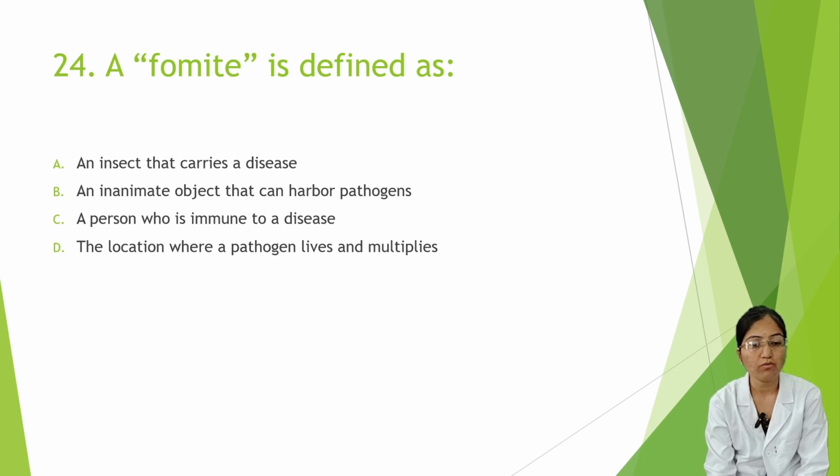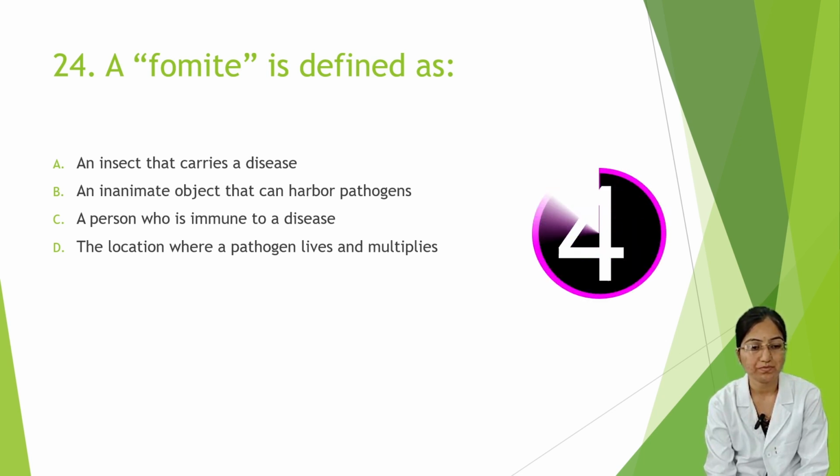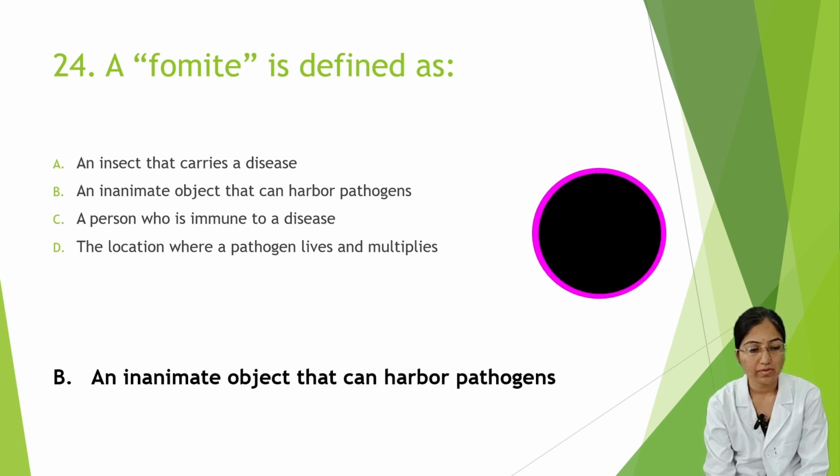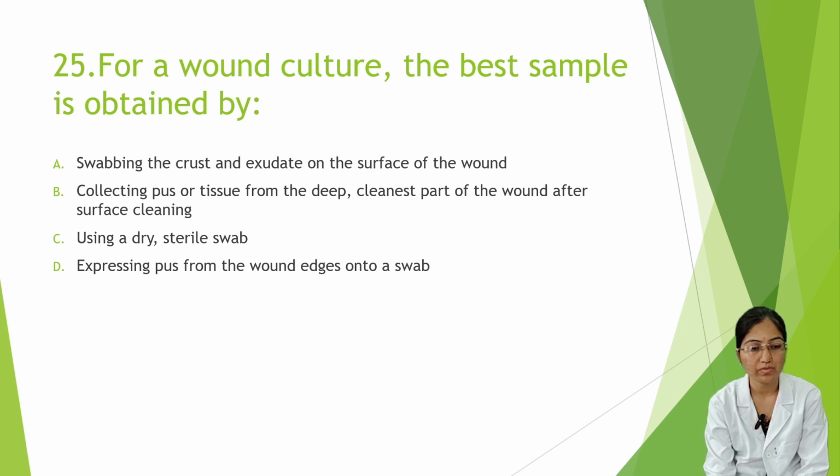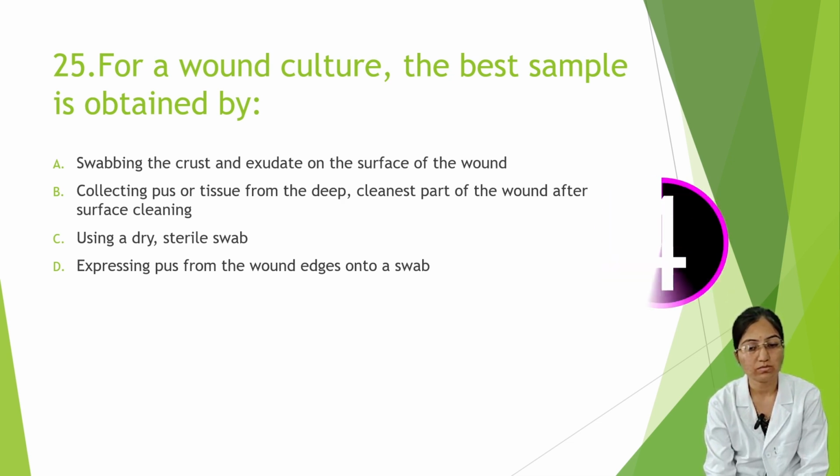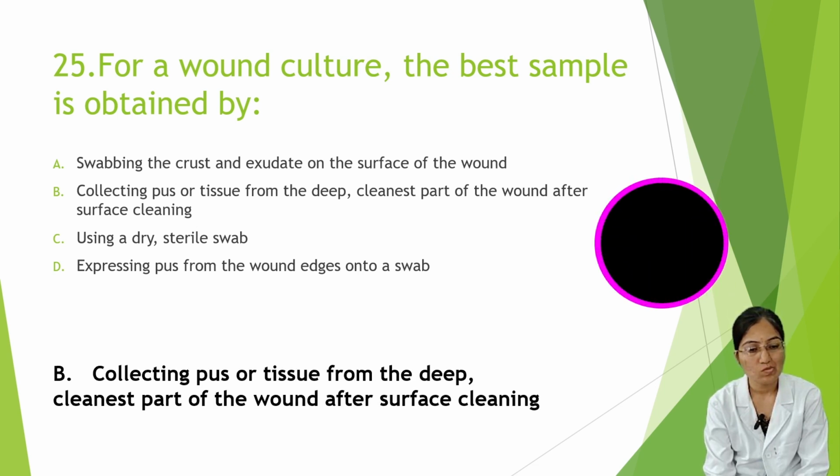Next question. A fomite is defined as an inanimate object that can harbor pathogens. Next question. For a wound culture, the best sample is obtained by collecting pus or tissue from the deep, cleanest part of the wound after surface cleaning.